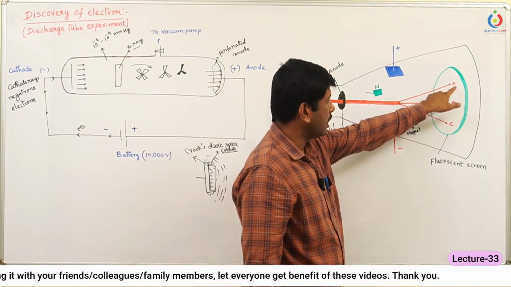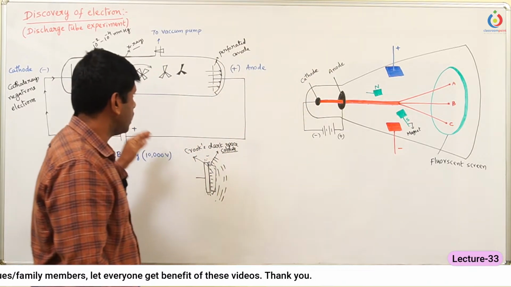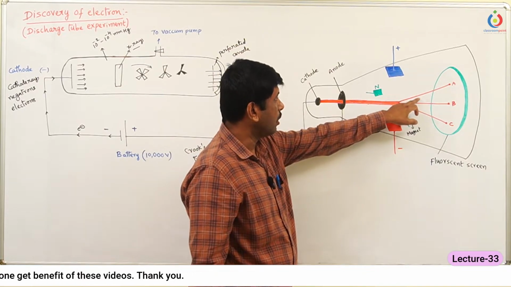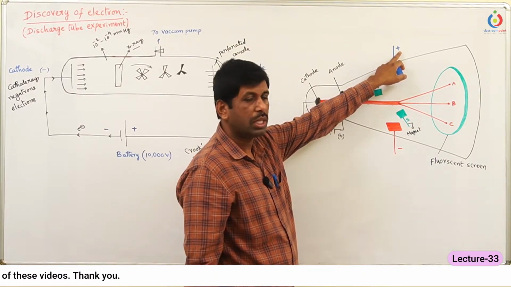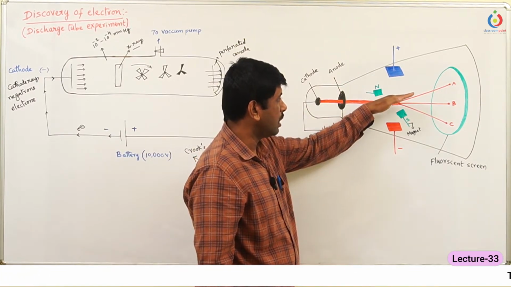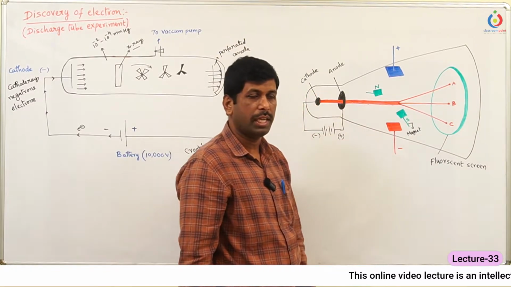Cathode rays carry negative charge. That negative charge interacts with the positive charge, so they get attracted towards the positive electric field, deviate from their path, and hit the screen at point A.